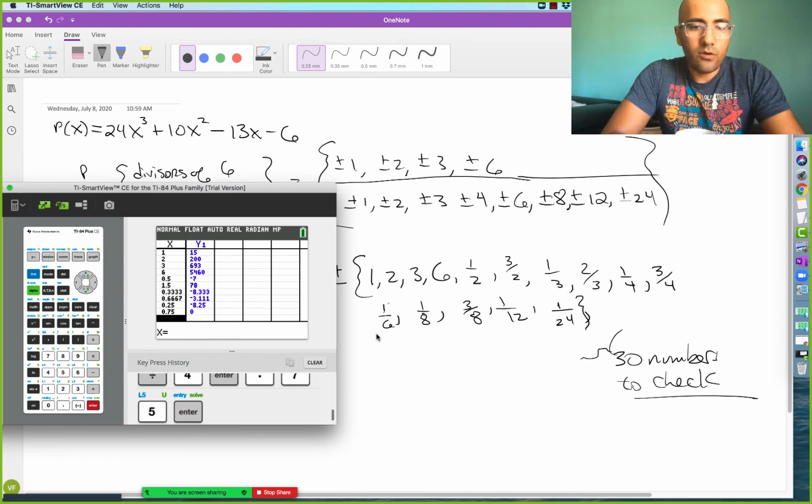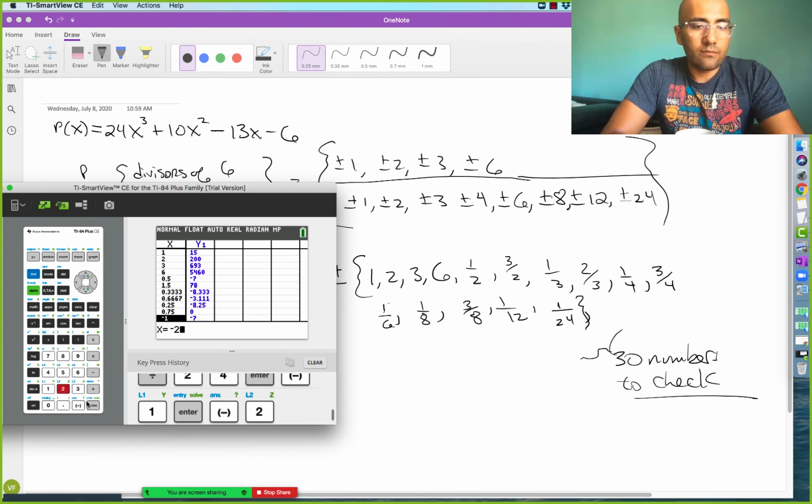Okay, so we have 1. How about a 1/6? 1 divided by 6? Nope. How about a 1 divided by 8? Nope. How about a 3 divided by 8? Nope. How about a 1 divided by 12? Nope. How about a 1 divided by 24? Nope. Okay, how about negatives? How about -1?